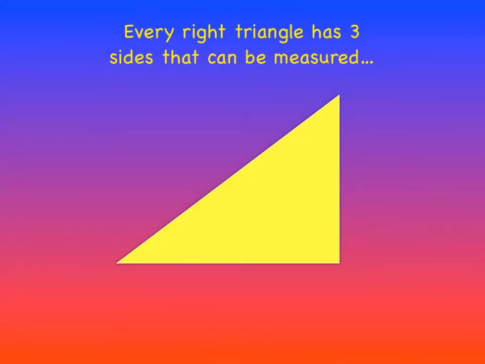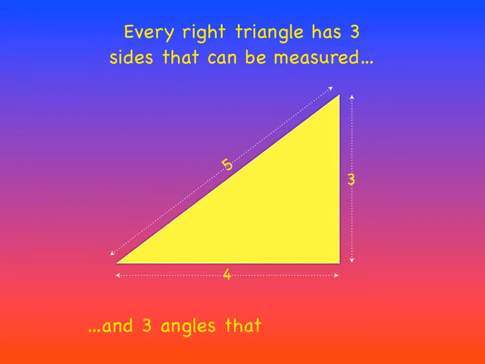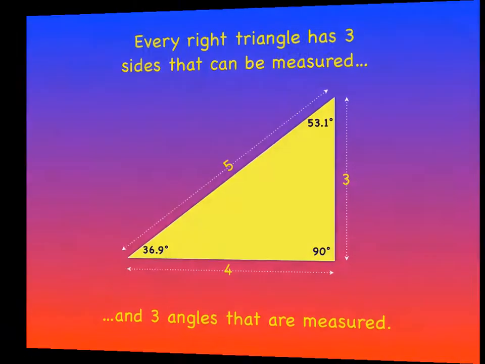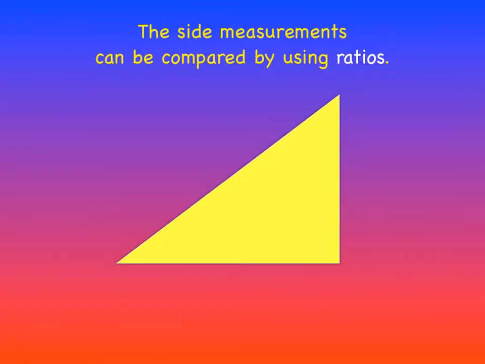Every right triangle has three sides that can be measured, and three angles that are measured. The side measurements can be compared by using ratios. For example, 3 to 4, 4 to 3, 3 to 5, and so on.